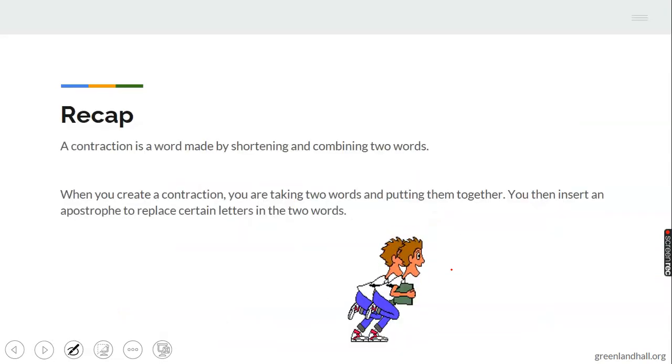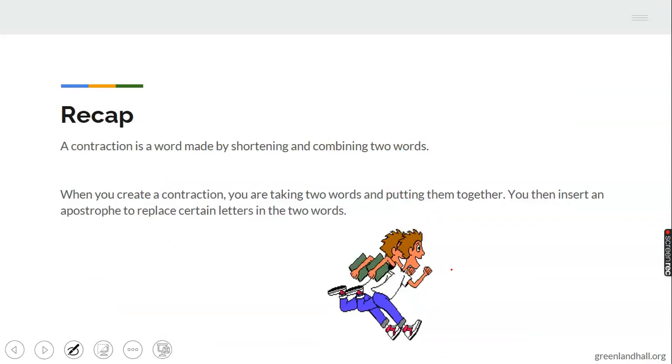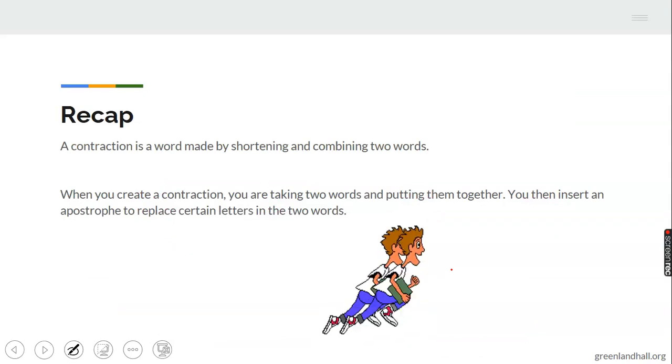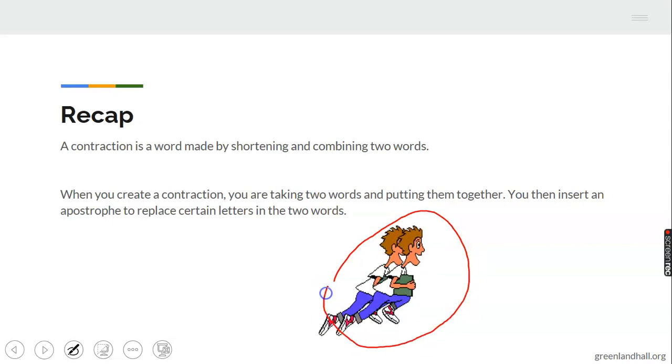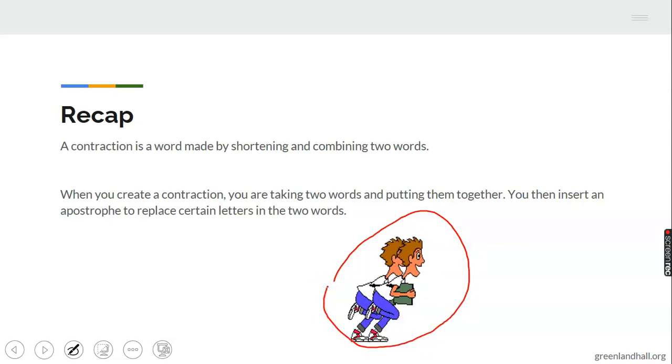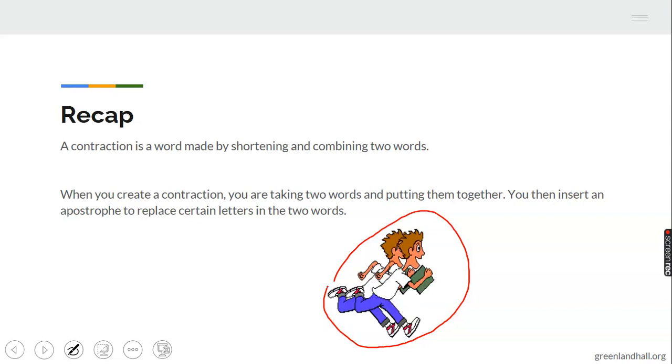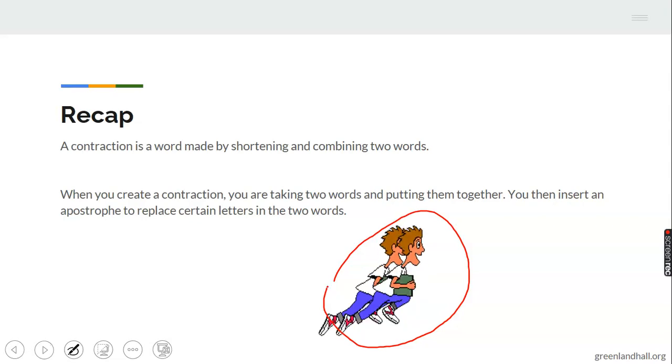Okay, so what have we learned? Now, in the first slide, you see that the two boys were separate, as in they were trying to run to each other. But now, look at them here. They are together now. That's what happened to contracted words. At first, they are separate, but what happens later? They become one. And that's what you can see here.